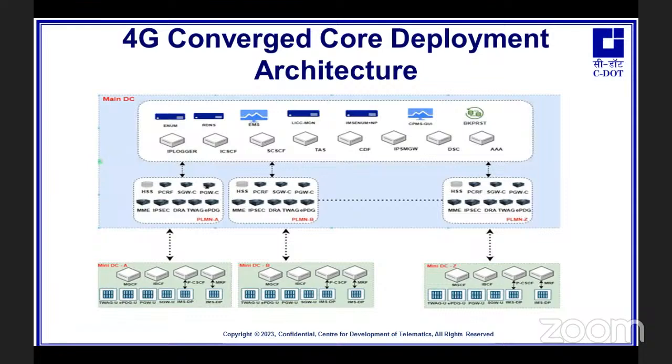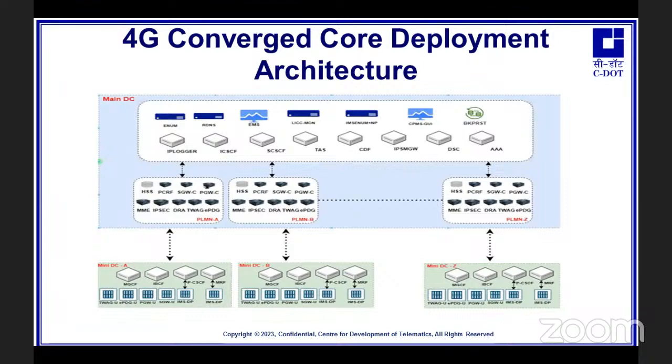Supposedly, in the South Zone you have 5 PLMNs. There will be 5 distinct MMEs and 5 distinct SGWs. For your understanding, one MME will serve the Andhra Pradesh PLMN, another Kerala, and so on. So MME, SGW, and PGW will be on a PLMN basis.